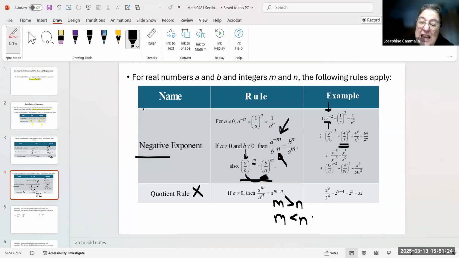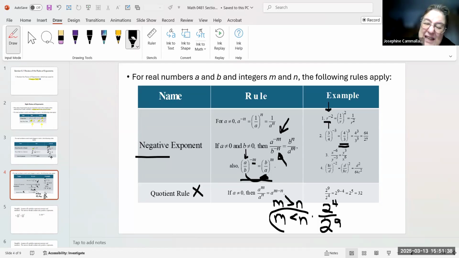That's saying if 2 to the 4th is over 2 to the 9th, this is this rule.